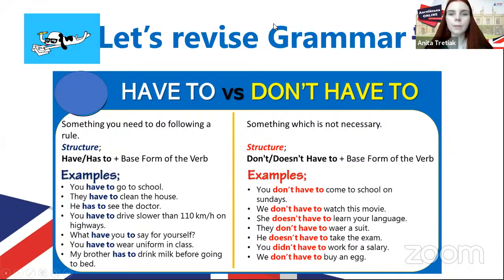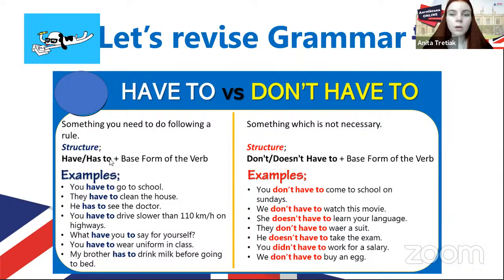So the pronouns and also plural forms. So for example, I have to, you have to, they have to, my friends have to, people have to, just plural, and also these pronoun forms.